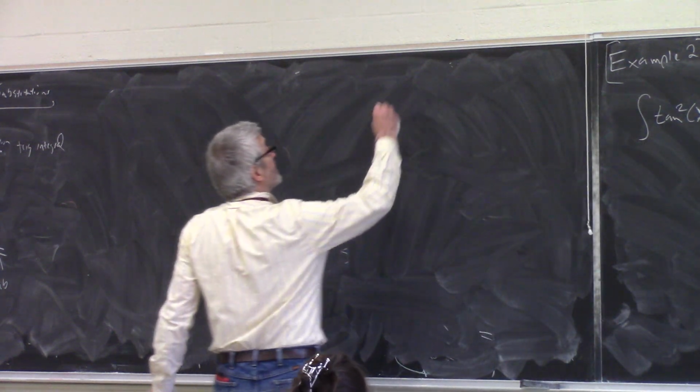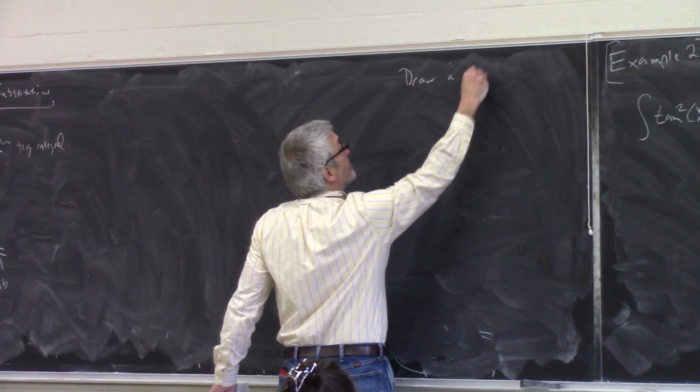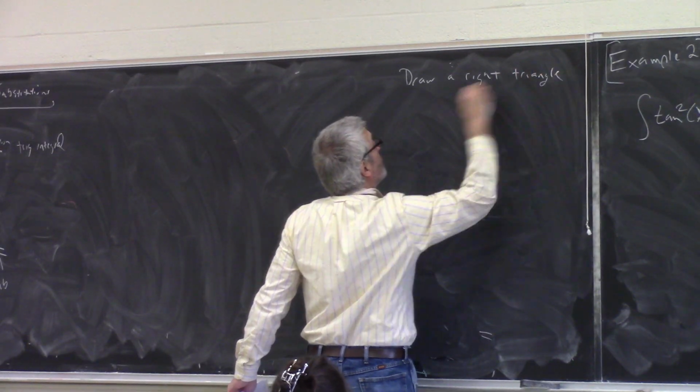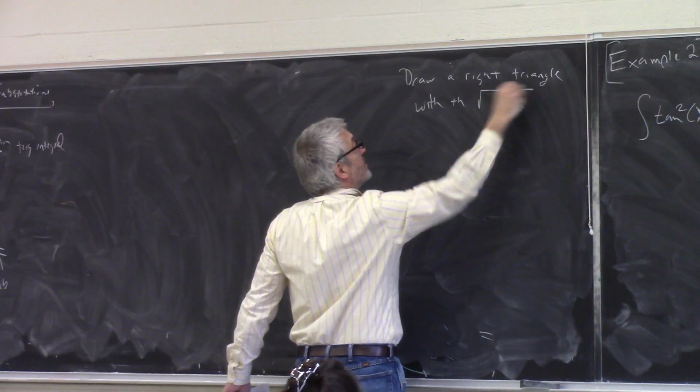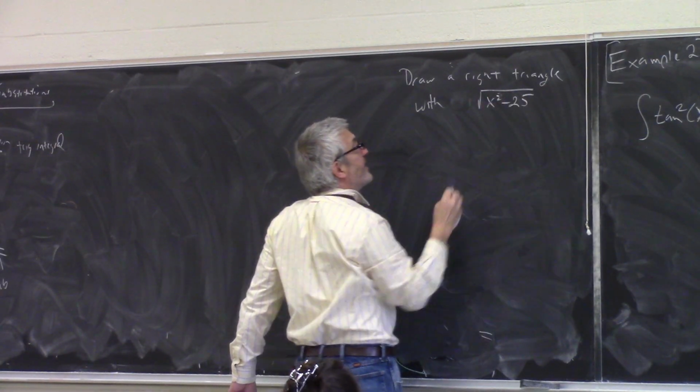You should figure out how to brew up these substitutions on the spot. So the idea is draw a right triangle with the square root term, the square root of x squared minus 25, as one of its sides.